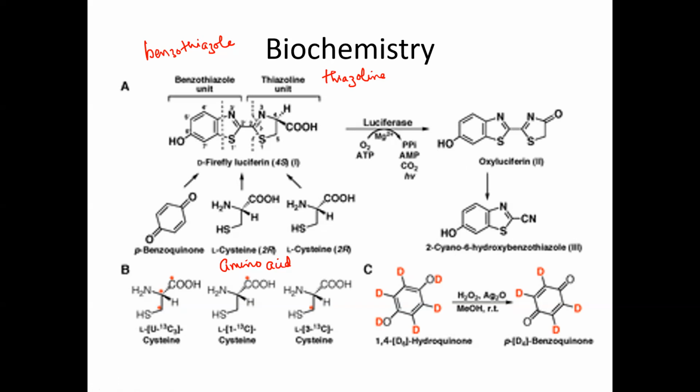Later it comes back to the ground state by emitting light in the form of fluorescence. That is why we are seeing light flashing in the fireflies. At that time, it absorbs light. The enzyme luciferase converts the firefly luciferin, takes oxygen and ATP in the presence of magnesium ion and gives that. That is what is happening there.